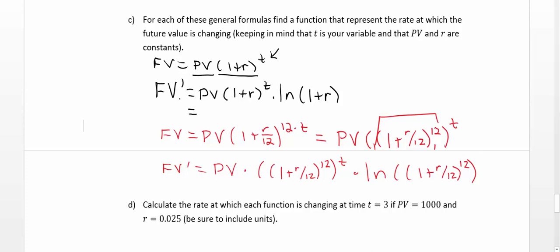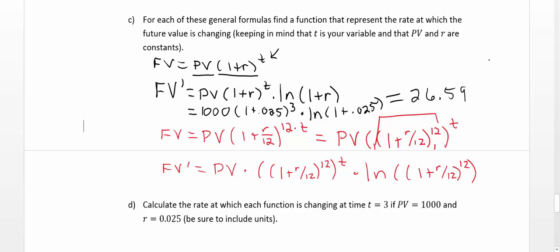So here, if we want to find the rate at which the future value is changing, we'll plug in 1,000 times (1 plus 0.025) cubed times the natural log of (1 plus 0.025). So we plug in all those numbers, we carefully crunch that number in our calculator, and we get 26.59. And that's going to be in dollars per year.